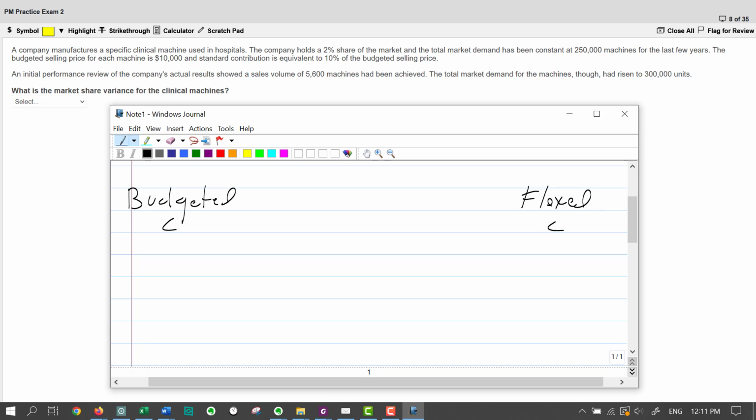If you remember, the flexed budget is simply the original budget restated to the actual activity level. Let's read the story. We see the company has 2% market share, and the total market demand is 250,000. So we get 2% of that, or 5,000 machines.